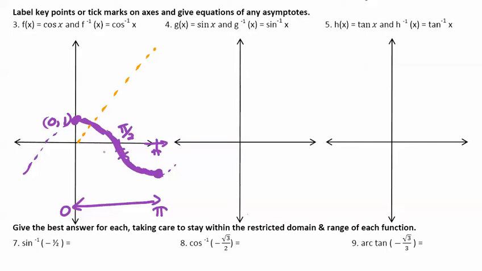(0, 1) is going to be flipped, and this endpoint is at (pi, negative 1), and this point at (pi over 2, 0). So let's flip each of those. Here's (1, 0) and here's (0, pi over 2).